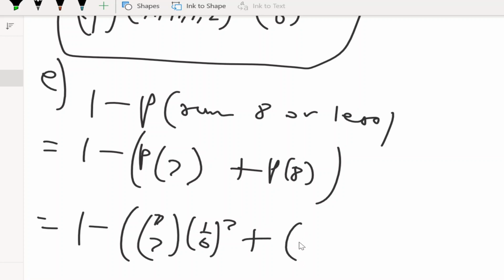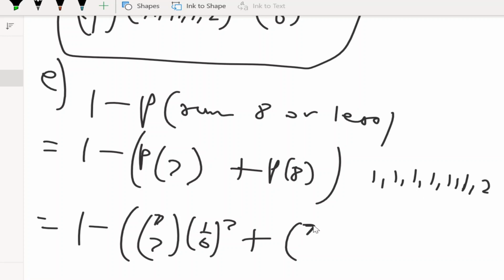P of 8 is a very similar thing, because the only way to get 8 when you're rolling a die 7 times is getting 6 ones and then a 2. That's really the only way you can do that. So, once again, it's just a simple binomial. We'll define a success as getting a 1.